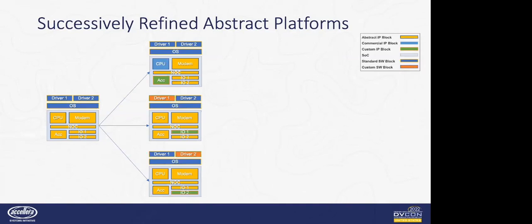Either way, what we're doing here is we're saying you've started with a reference platform provided with your virtual platform that boots an OS and has drivers. You then swap out one component and integrate it in and work on the drivers for it so that you validate it.